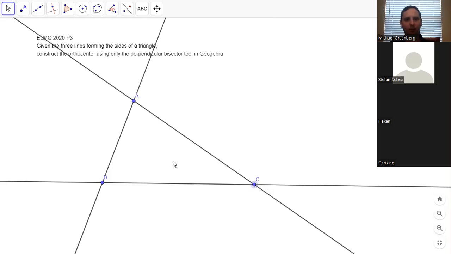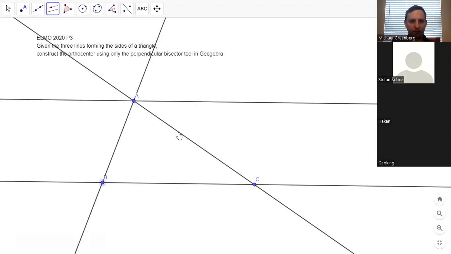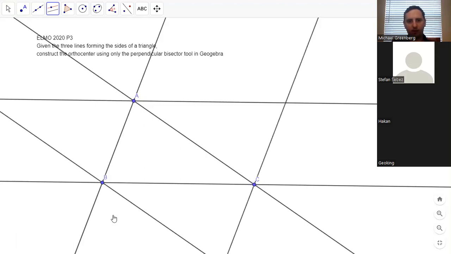So one thing about the orthocenter is that if we could somehow draw a parallel line to BC through A, then that would solve the problem. Because let's say we have these three lines, then the orthocenter of ABC is the circumcenter of this double triangle.